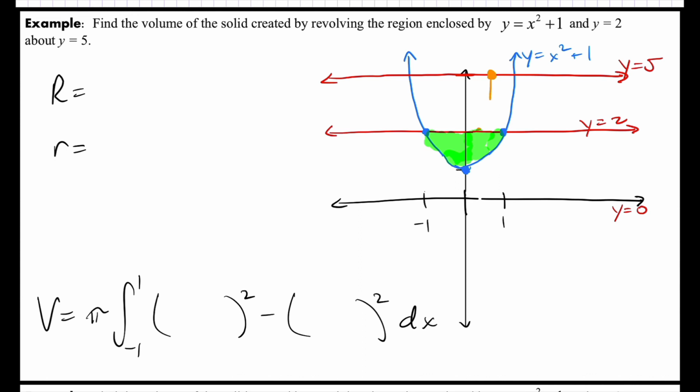So when I go down to hit the outer boundary, which is the outer boundary? The blue. The blue is now the outer boundary. It's been the inner before. Now it's the outer. Okay? So you're going to go top 5 minus bottom, which is the blue, x squared plus 1. Okay? Now the inner.